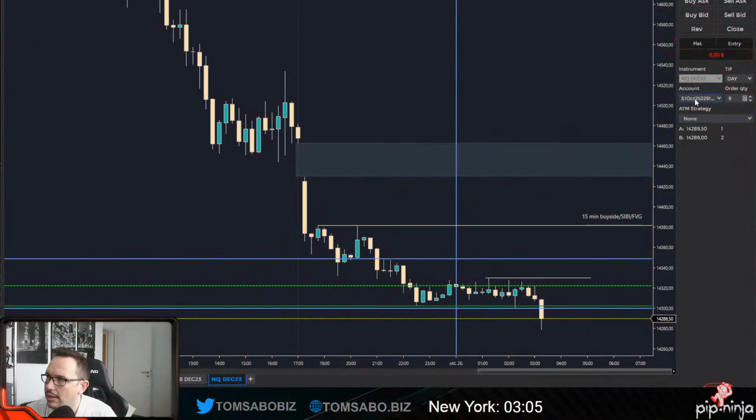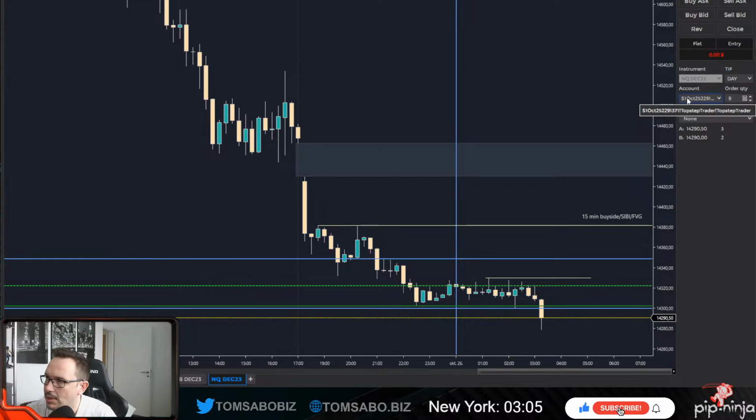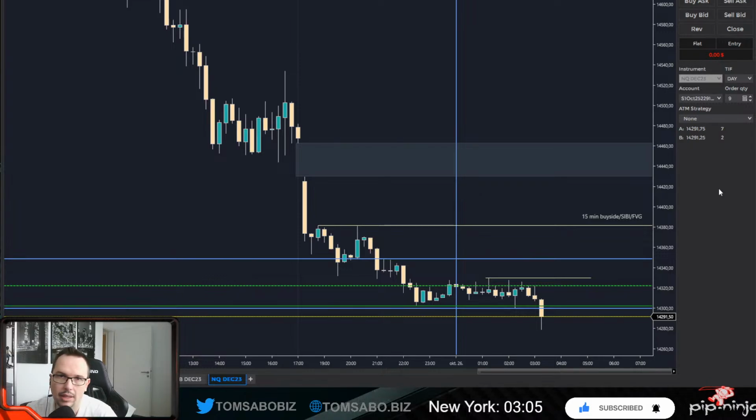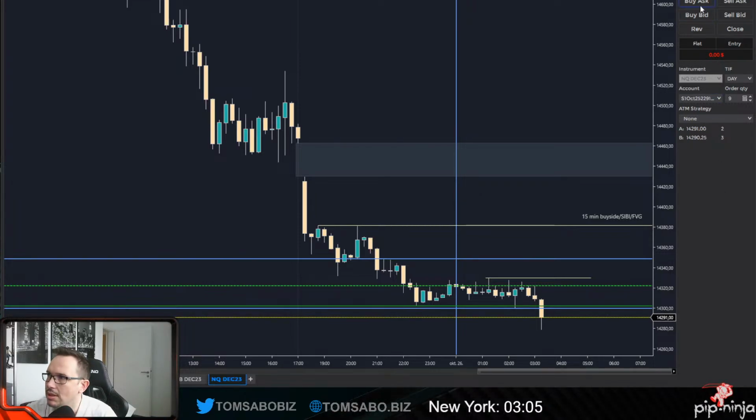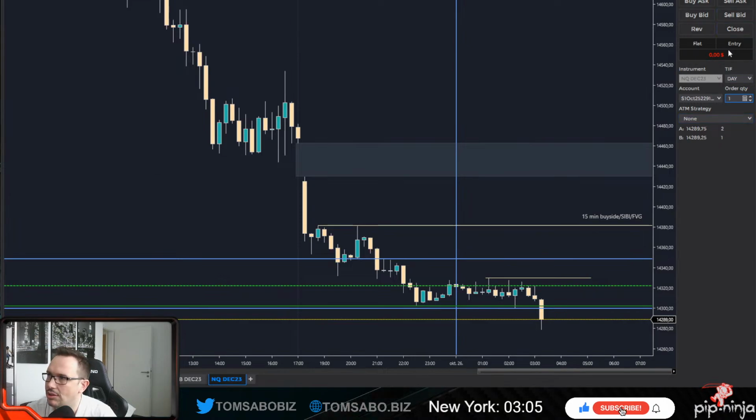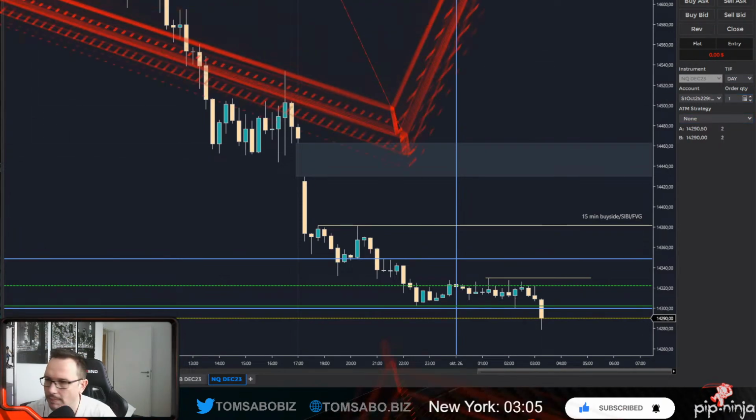Here you can see the account number, which is at TopStep. Today I haven't made any trades yet, but since this portion of the screen is, oh my god, 9 contracts. Why the hell is that? Okay, so this portion is irrelevant. I'm just gonna go back to the extended screen.